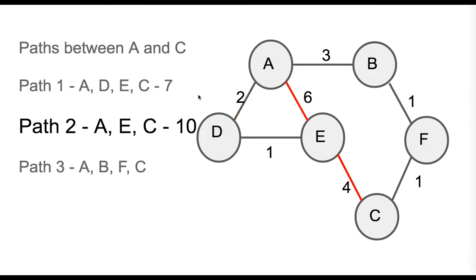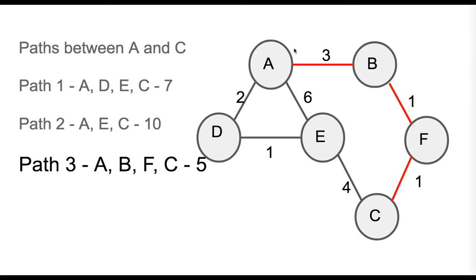Our previously shortest path now has a cost of 10. That 6 plus the 4 makes it a more costly path than the first path. And then our last path is 3 plus 1 plus 1, which is 5, which makes that path now the shortest way to get from A to C.